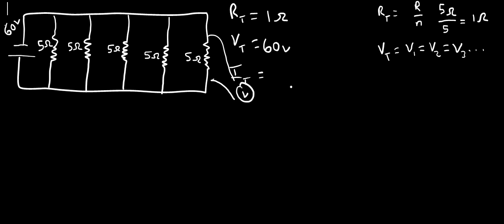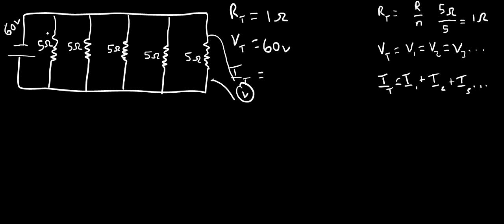And we want to find the total amperage. Well, the total amperage will be the sum of all the amperages combined, and that is expressed in this formula: the amperage across resistor 1, plus the amperage across resistor 2, plus the amperage across resistor 3.